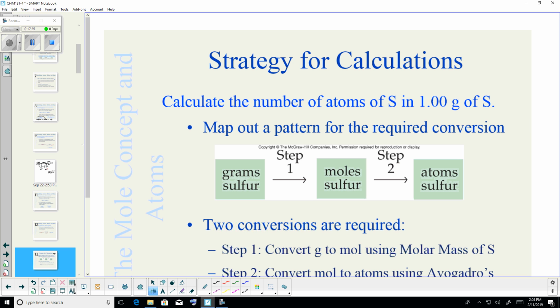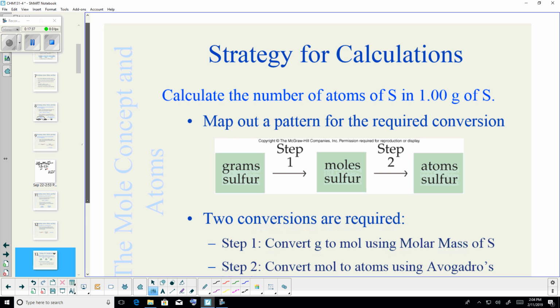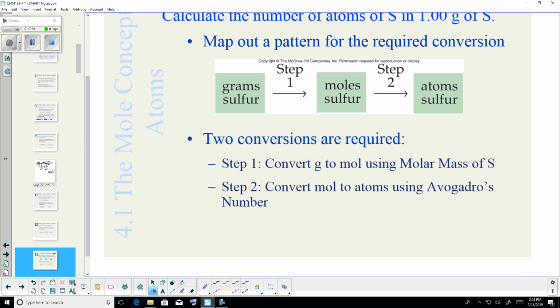So, step 1, I'm starting with 1 gram of sulfur. I know from the map, what's my next stop? Moles of sulfur, right? I'm going from here to here.